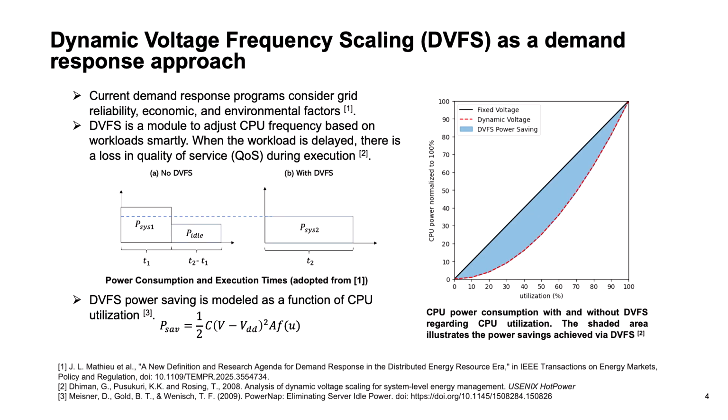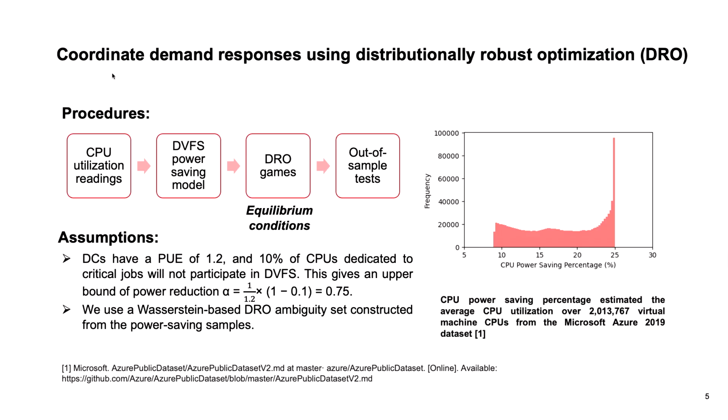So here we set up a game. If we have a lot of computation modules in the data center, and they all conduct dynamic voltage frequency scaling, how much power saving can we get from those data centers?